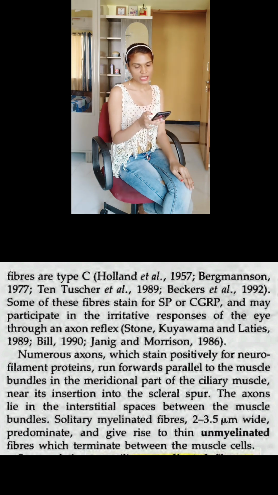The axons lie in the interstitial spaces between the muscle bundles. Solitary myelinated fibers, 2 to 3.5 micrometers wide, predominate and give rise to thin unmyelinated fibers which terminate between the muscle cells.